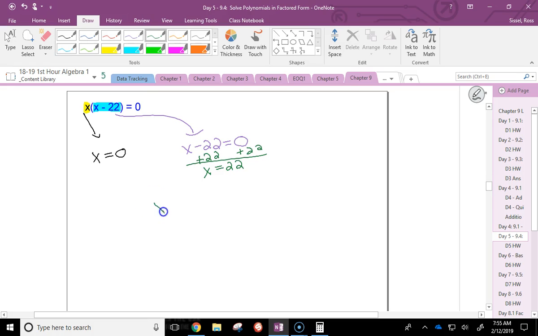So, once again, we get x equals 0 and 22. I should say and. Okay. Questions on this part so far?